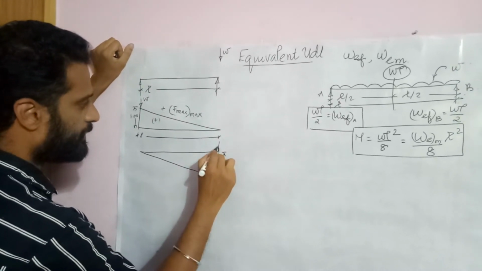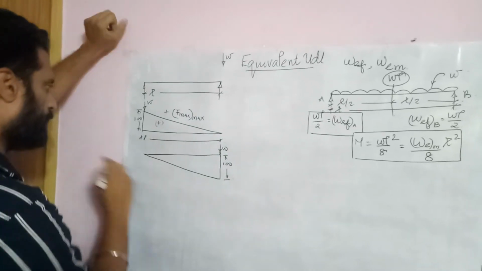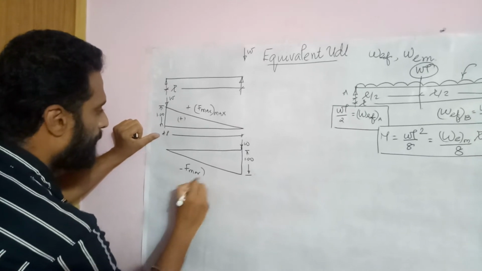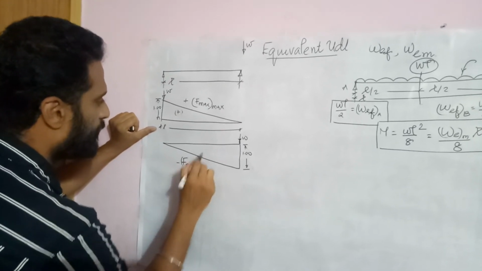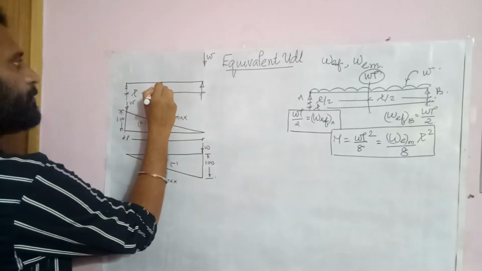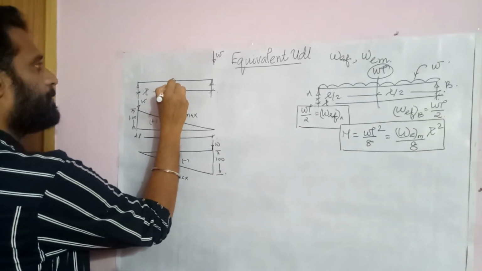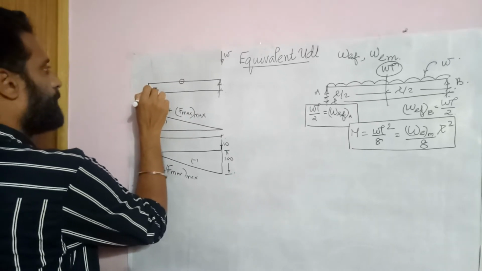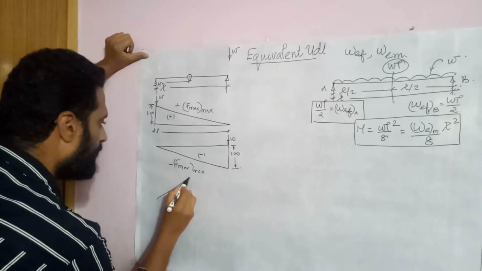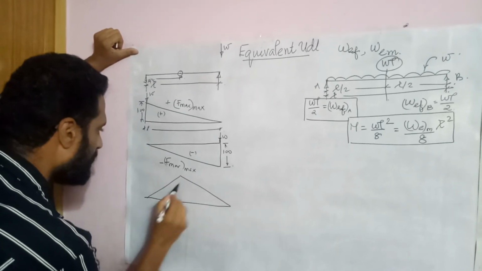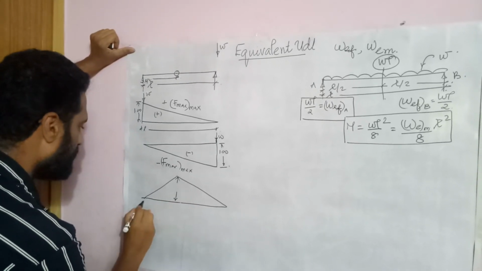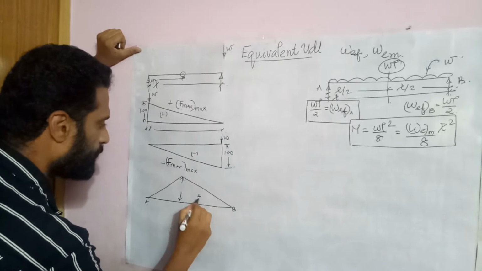I am superimposing the load here for the same distance, so this is the negative absolute maximum shear force. This is the negative maximum shear force, and we know that the absolute maximum bending moment will occur at the distance L by 2. So that is the profile for bending moment. This is A and this is B, this is a positive profile.